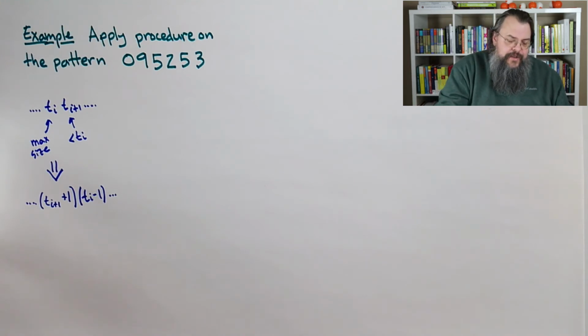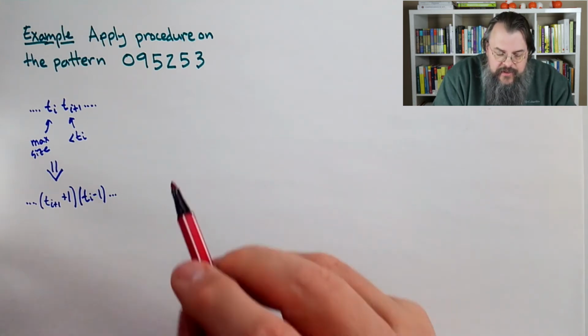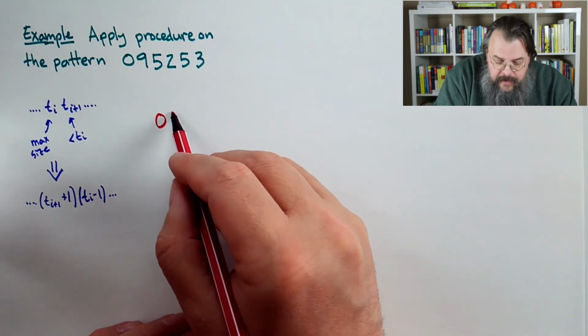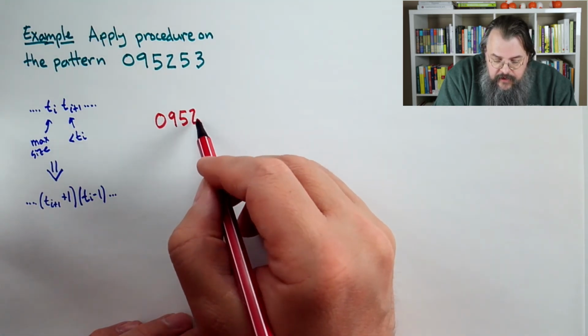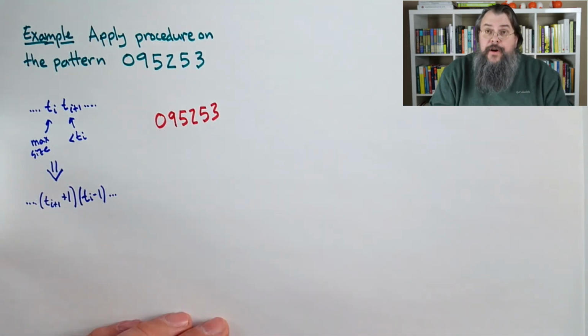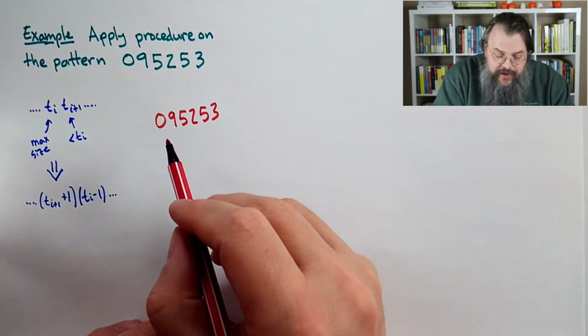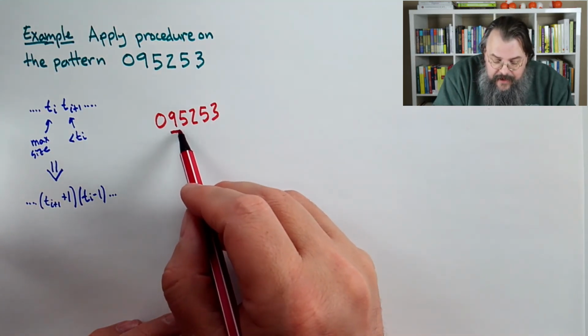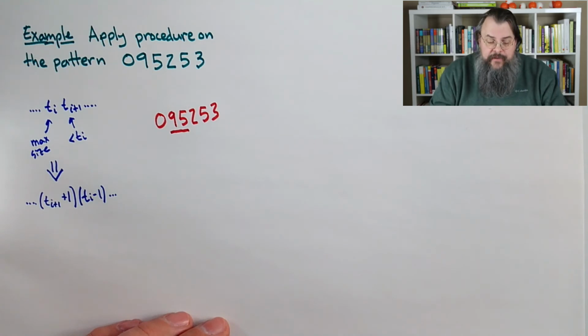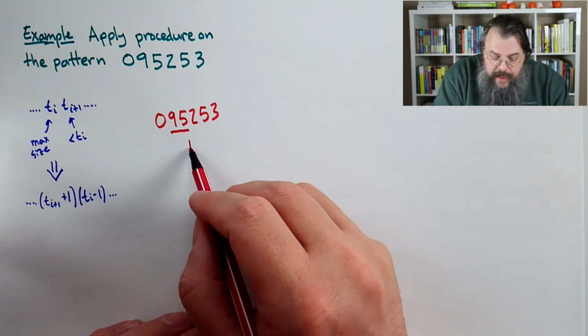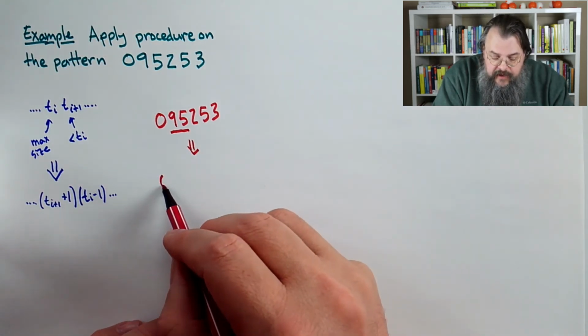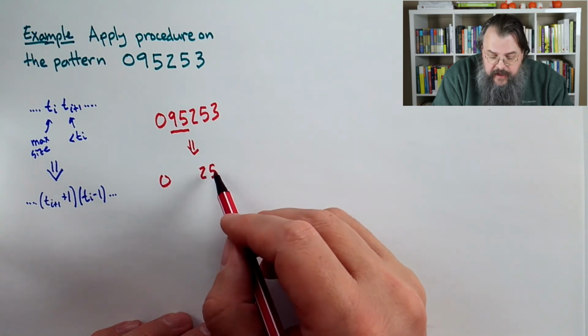So here we go. 0, 9, 5, 2, 5, 3. Well, we can see which one's the biggest number. It's that 9. So there we have that 9, 5. So what will happen here, we're going to have the 0, the 2, 5, 3. None of those change.